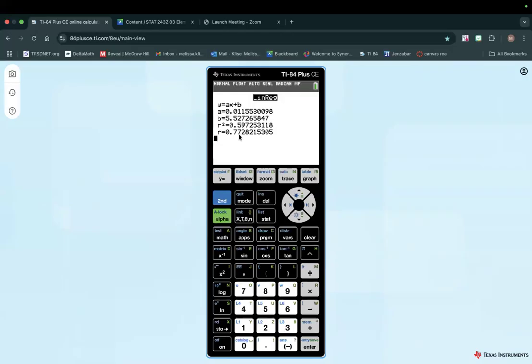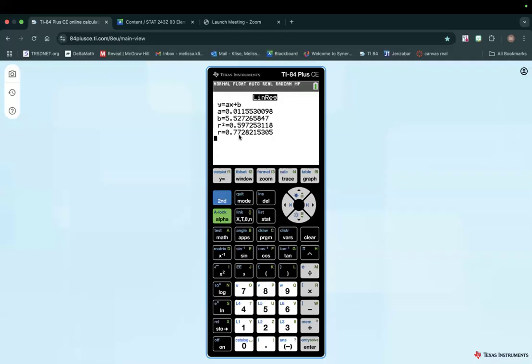If you're building a space shuttle, this is not a good correlation coefficient at all. If you are putting a garden in your backyard, it's not terrible. So our R value, I would probably call it moderately strong. That's probably where I would go with that.